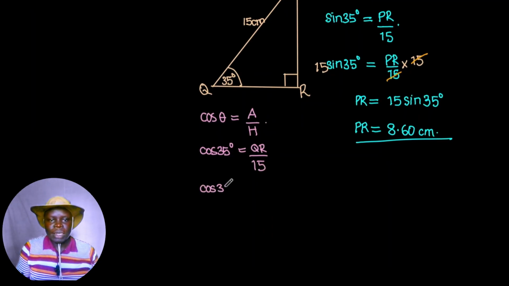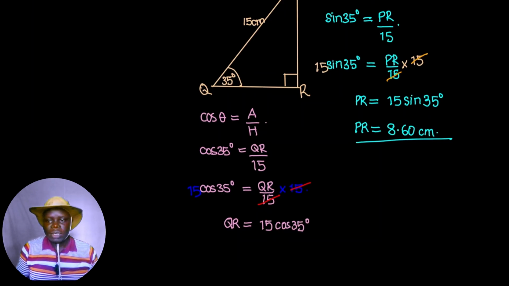Cosine of 35 degrees should be equivalent to QR over 15, and we have to also multiply by 15. So let's say times 15. So we can cross this 15 off, and we're left with our QR, and I'll start writing our QR here, and we have this as 15 multiplies cosine of 35 degrees.